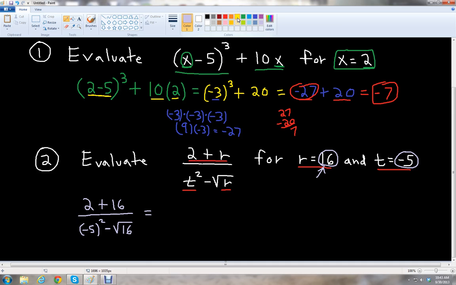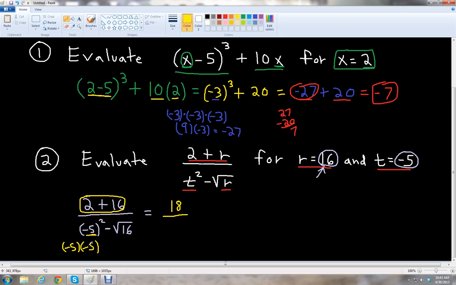expression. And so now we're going to evaluate the numerator. We're going to do 2 plus 16, and that gives us 18, over, and then we do negative 5, all of that squared, so that's negative 5 times negative 5.